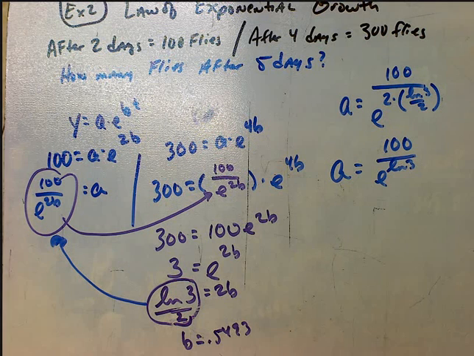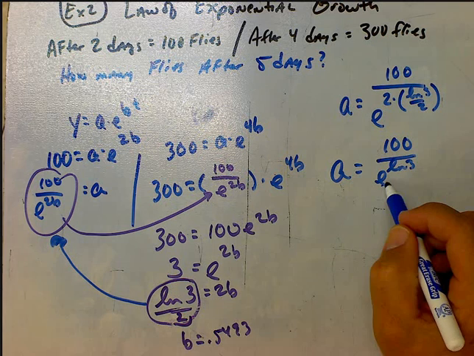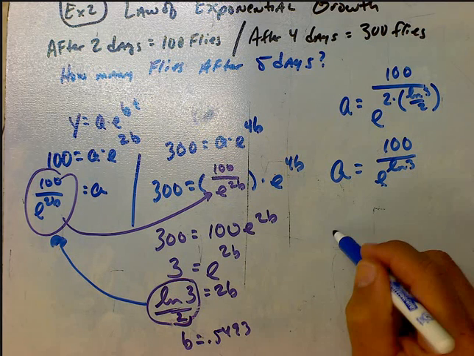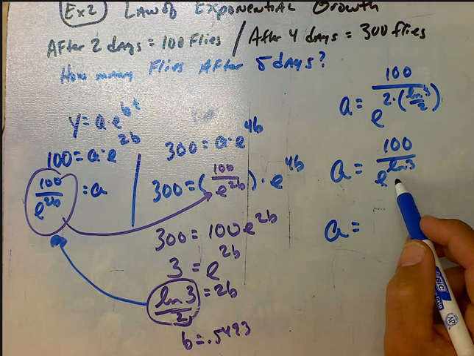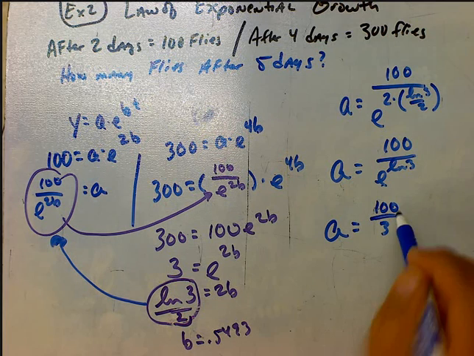Well, let's put this in the calculator. Well, actually, I know e to the natural log of 3 is going to equal 3, so using the law of logarithms from 3.3, I know this is 100 divided by 3, and therefore a is 100 thirds.